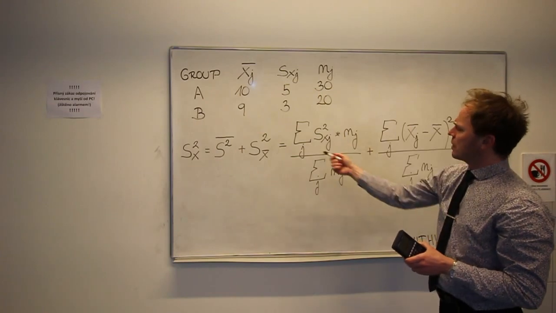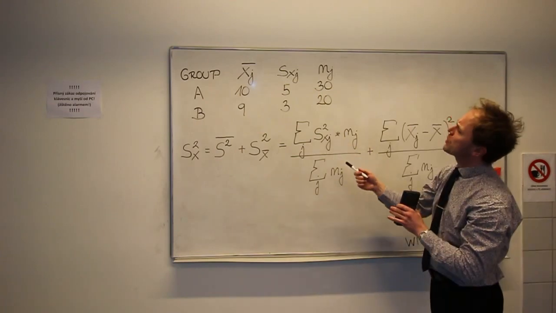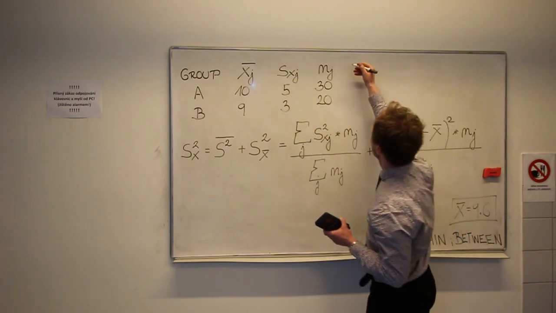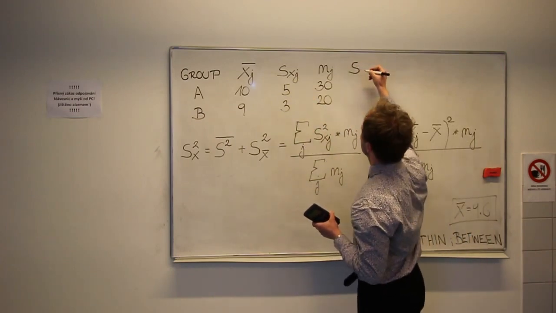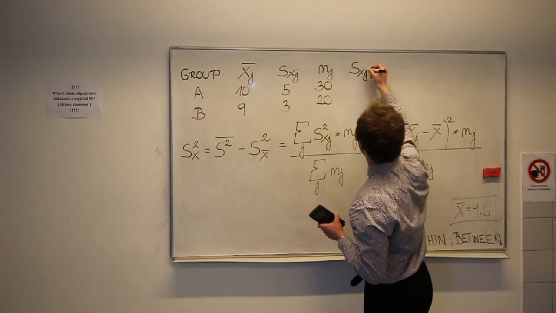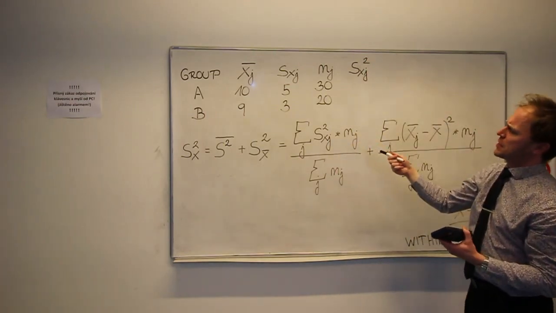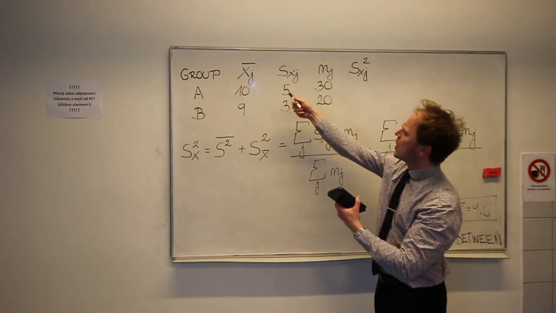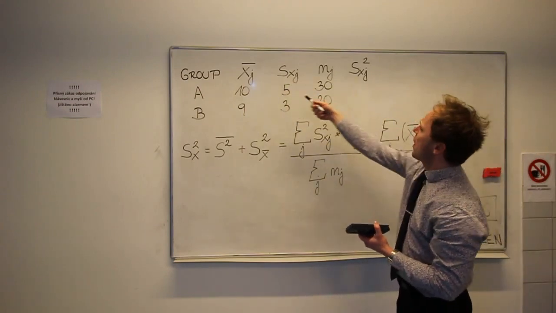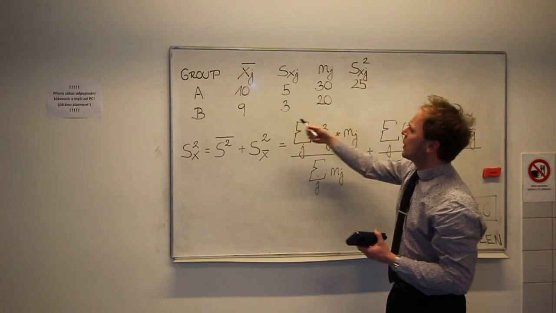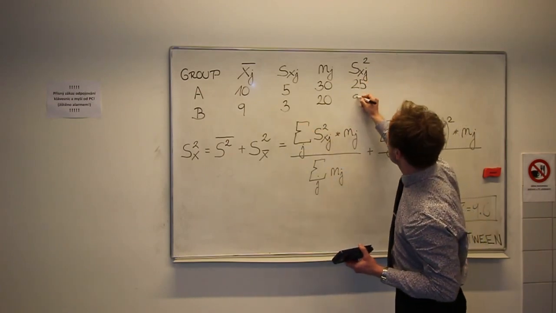So we will calculate this. For the first part, I have here only deviations, so we must calculate s_xj squared, the individual variances. Squared values: 5 squared is 25 and 3 squared is 9.